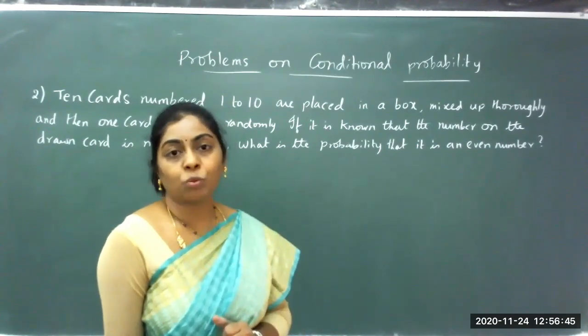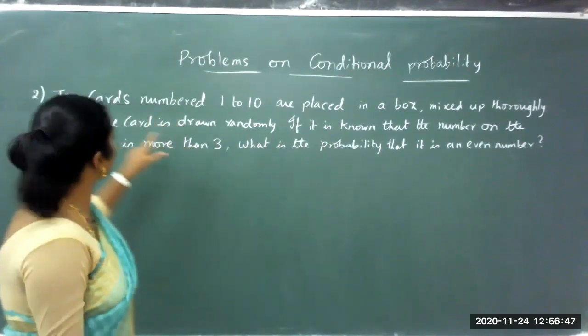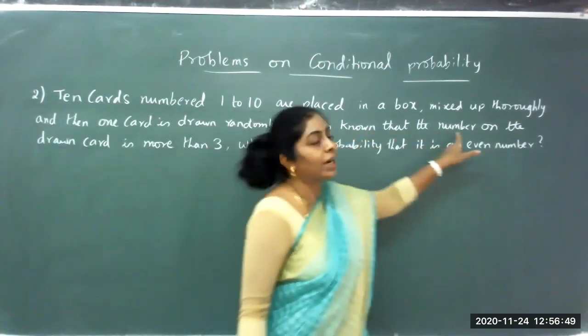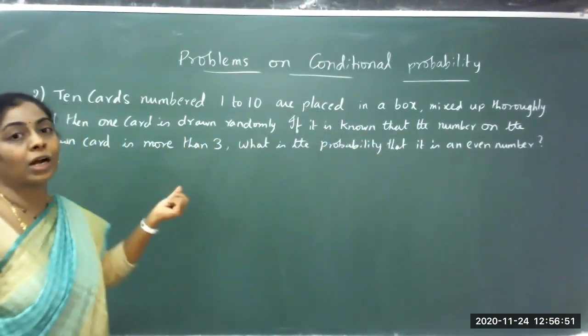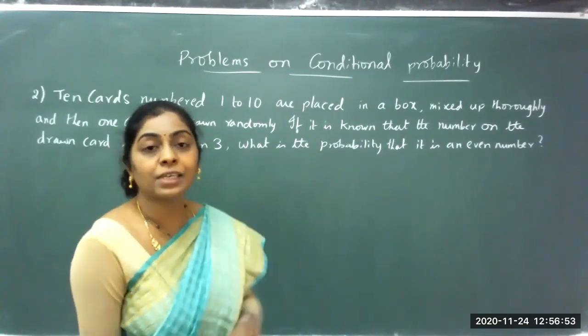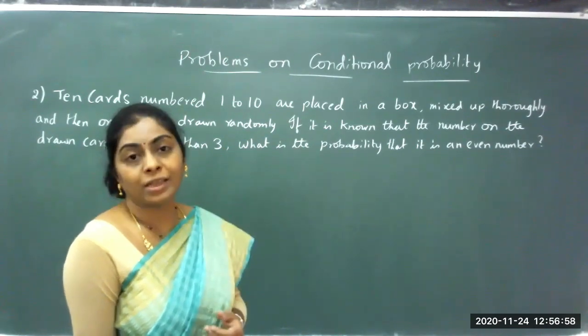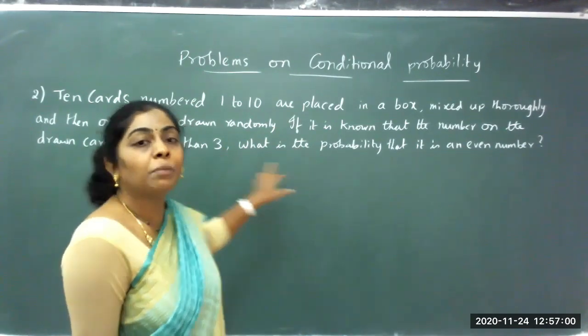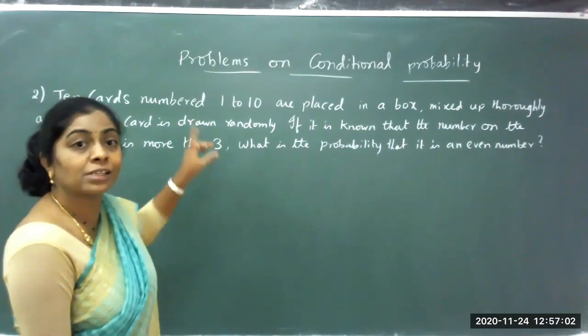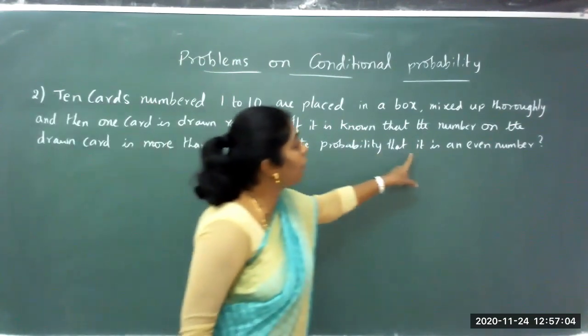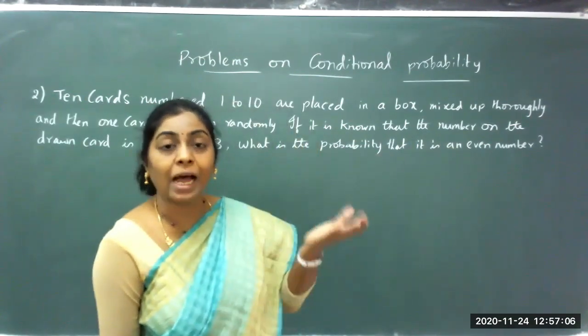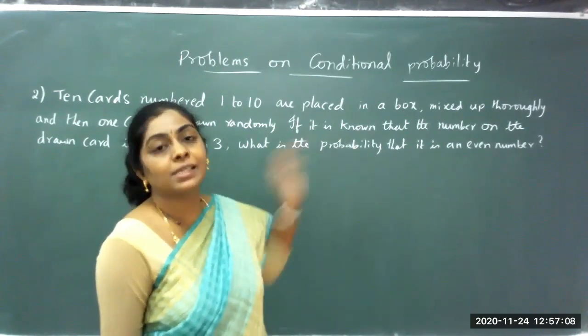There are two events they are defining. The first condition they are giving is that the number on the card you take out is more than 3. The other event is that it is an even number.